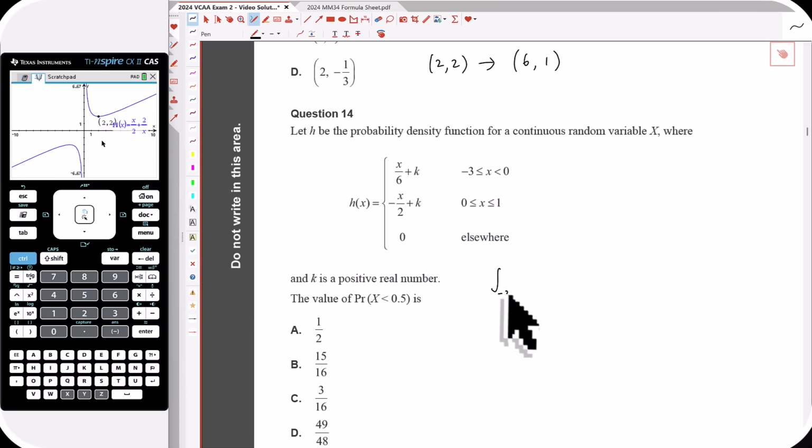So if we integrate from -3 to 0, x on 6 plus k, and integrate from 0 to 1, negative x on 2 plus k, that should equal 1.